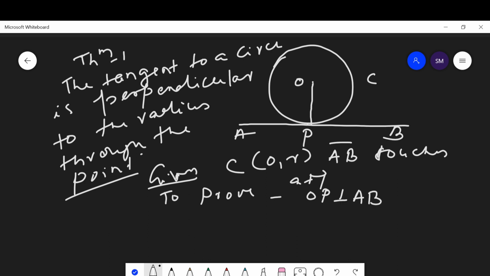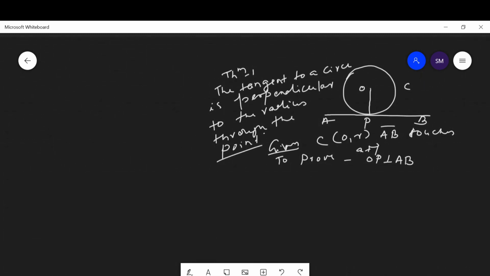That means the radius is perpendicular to the tangent. Let us prove it.